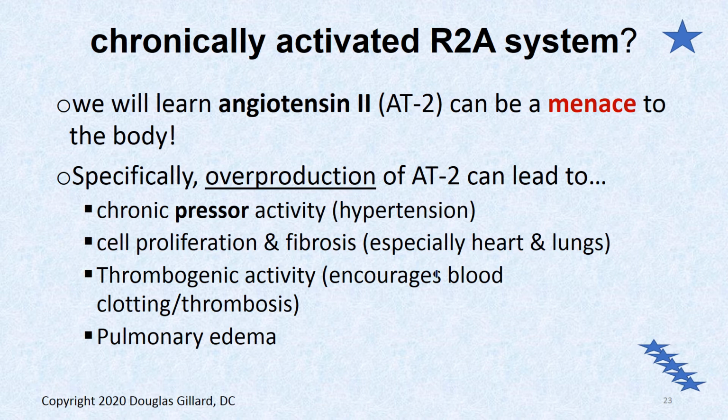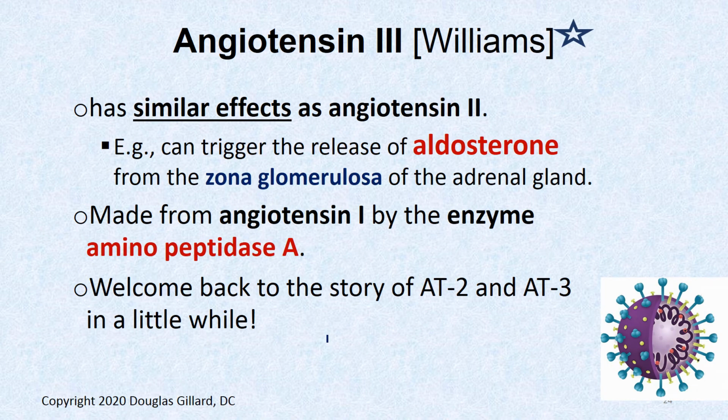It can wreck your heart and lungs because of cell proliferation and scarring of those tissues. It can cause blood clots in the lungs and the microcirculation in the brain, and you name it. Any tissue can be affected, especially the lungs. And it can cause pulmonary edema. Those aren't good things, and that's what's happening in a way to COVID-19 patients, some of this stuff, and we'll look exactly how that works.